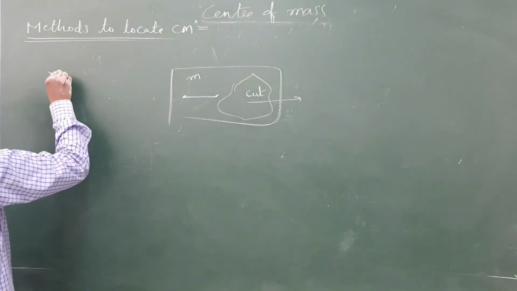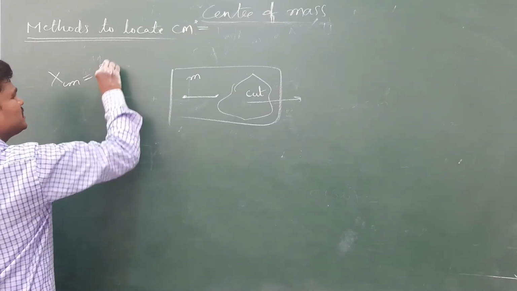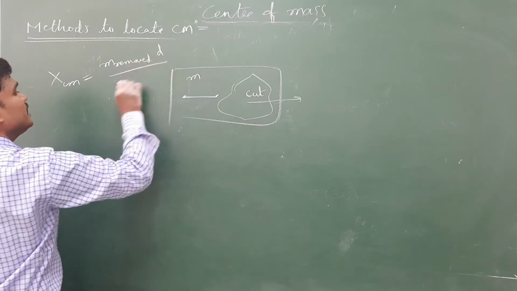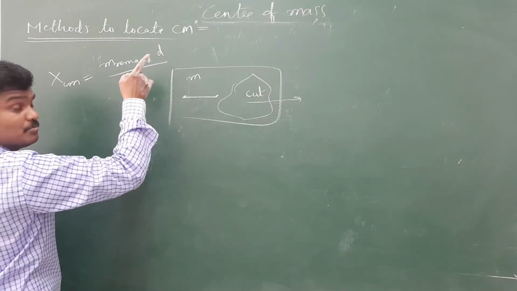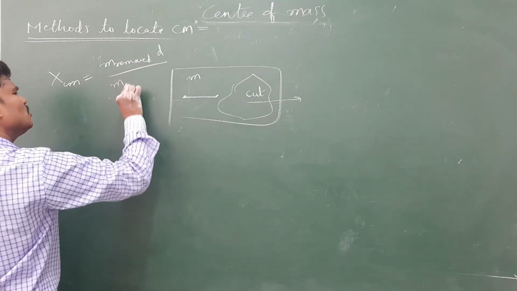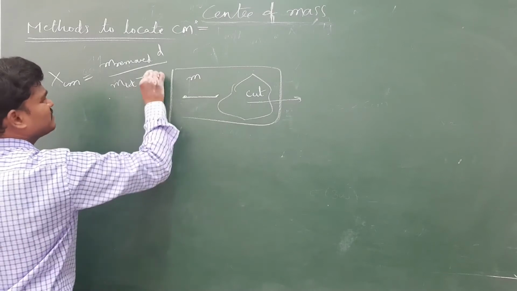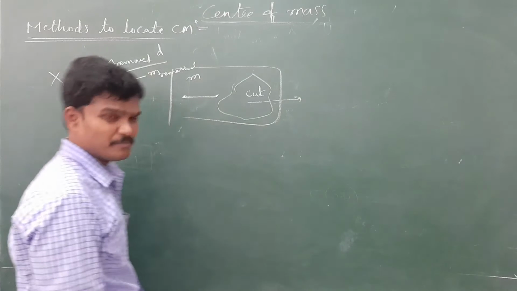So to find the shifting of center of mass in this type of system, m2 means mass removed, into distance, by total mass. Here some part is removed, so m1 plus m2, where m1 is nothing but the total mass, but here some part is cut, so you put a minus. Mass removed. Of course, this is possible by taking m1 x1 equal to m2 x2.